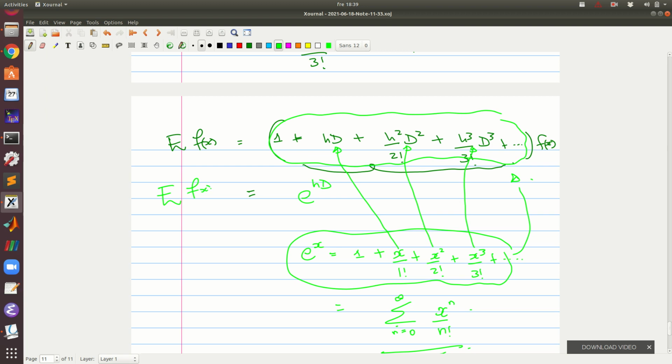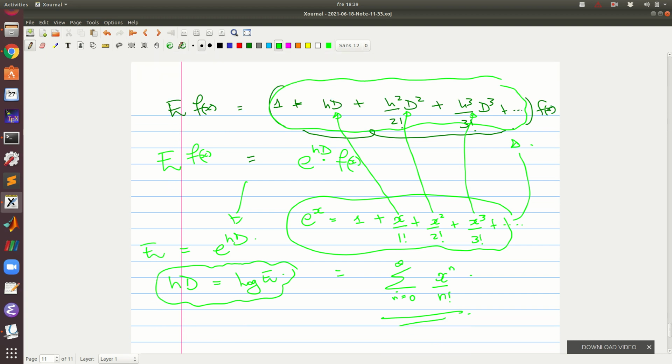This side we had this, and then times that. So you can easily see from here that the shift operator is equal to e to the power hD. And then we can take the logarithms on both sides, for which we have that hD will equal log of the shift operator. And so that is the relationship which we can deduce.